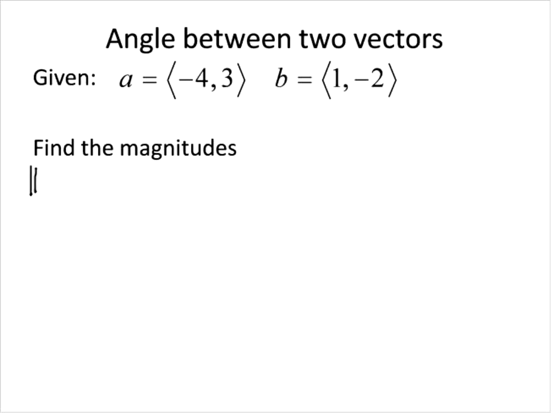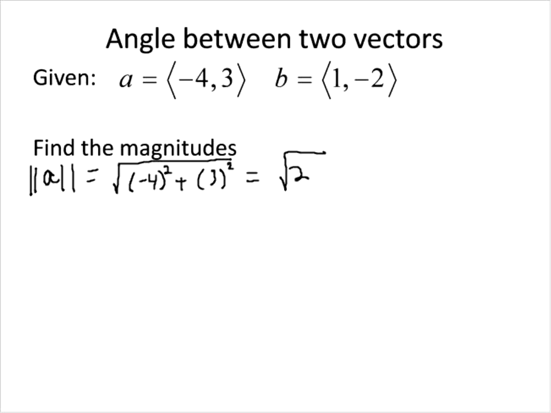So the magnitude of A is equal to the square root of -4 squared plus 3 squared. So that's going to be equal to the square root of 25, which is just a plain old 5.